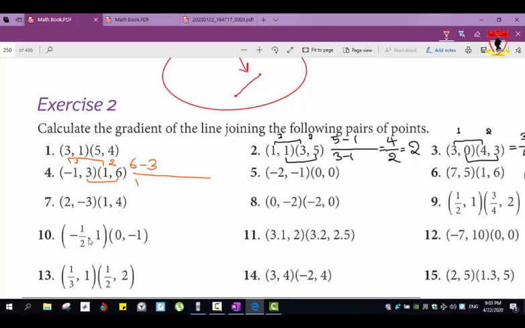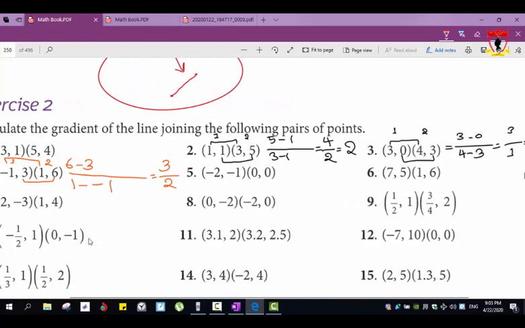It looks like this. 1 minus, this is from the rule. Negative 1 is this number. Then it will be 6 minus 3 is 3. 1 minus minus 1 is 1 plus 1. It's 2. The gradient of the line between these 2 points is 3 over 2. Question 5.